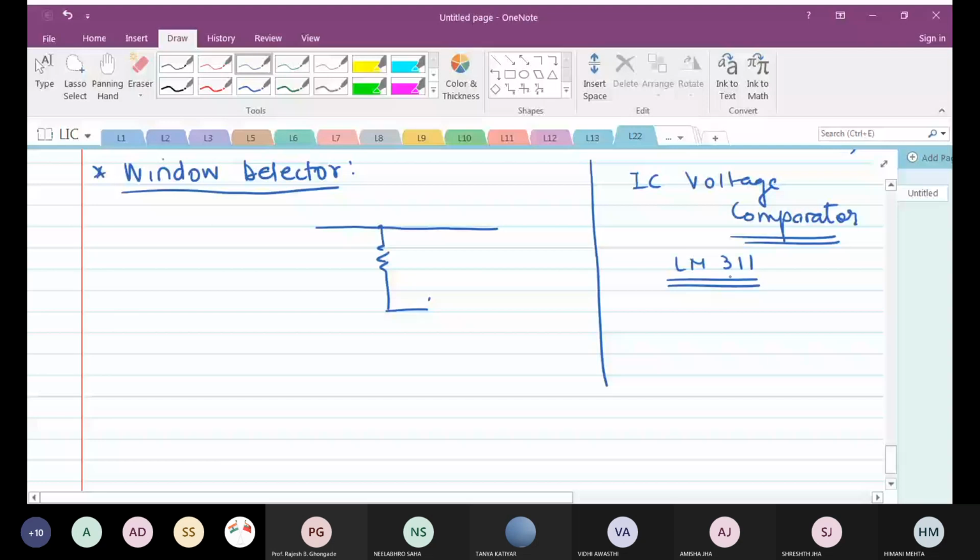So these are the comparators, the specific devices, and using these comparators we can have a window detector. So that is what I'm going to use here. This is 311. Of course, you can design the same thing with 741 also. No big issue with that.